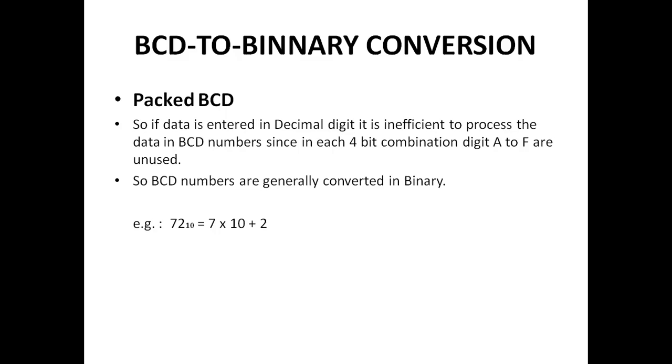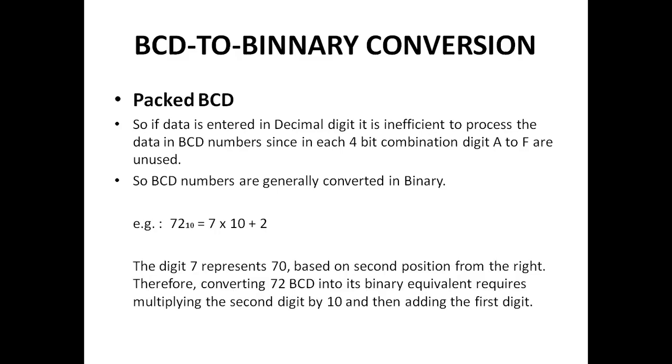And since it is a decimal number, we can represent this 72 by 7 into 10 plus 2. This actually means 7 represents 70 because it is in the second position, so 7 should be multiplied by 10 and then it should be added with 2.